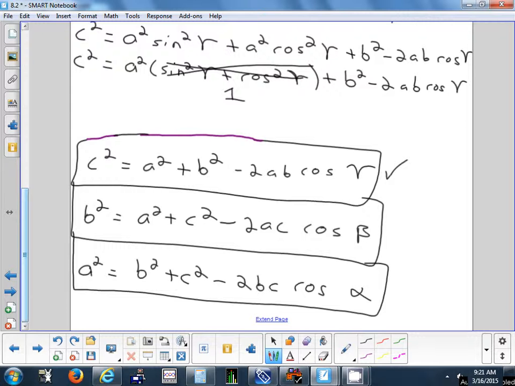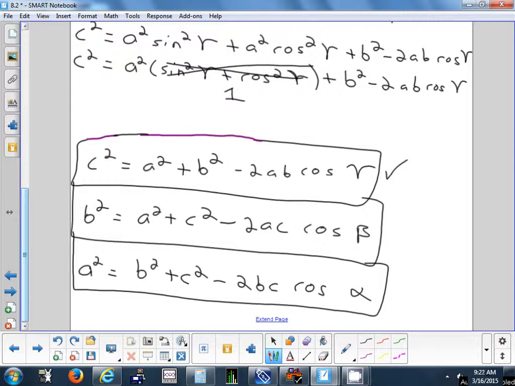Notice all three versions have all three sides in them. Every version has a, b, and c. So if you're missing two sides, that would be a problem here. If you're missing a and you're missing c, you couldn't use the second version, or the first version or the last version.